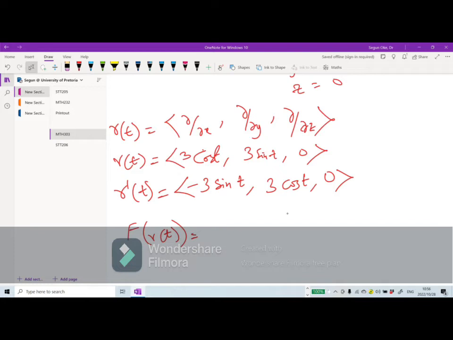We know our F, we know our r, so we can multiply them, do the dot product. Let's quickly write. It is simple now.